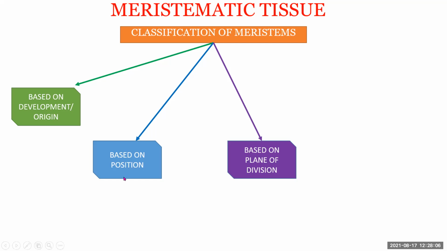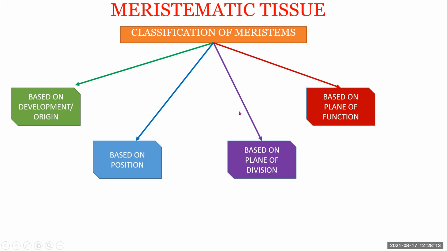And the last criterion is the function. Classification of meristem based on function. These are the 4 criteria taken into consideration to classify the meristem: based on development or origin, based on the position, based on the plane of division, and based on function.